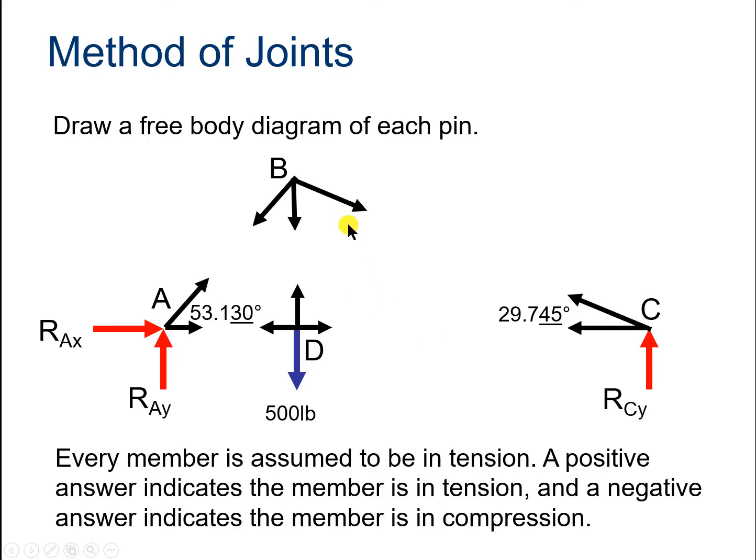We don't really have to know the distance for this analysis, but we do need to put force vectors in the directions of the members, and convince yourself that we have done so here. Every member is assumed to be in tension, and a positive answer indicates that the member is in fact in tension, and a negative answer indicates the member is in compression. Again, that may not be obvious to you at the moment, but you should convince yourself that that's the case. We can talk about it in class after you've given it some thought.